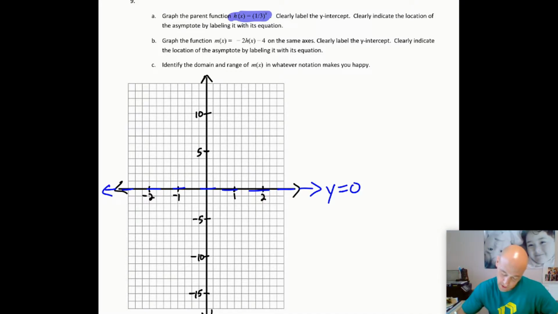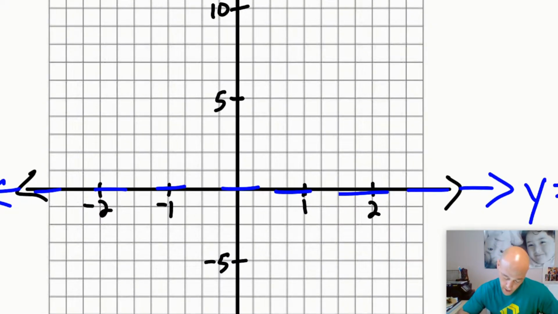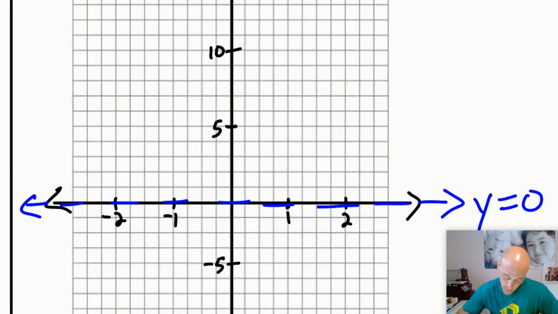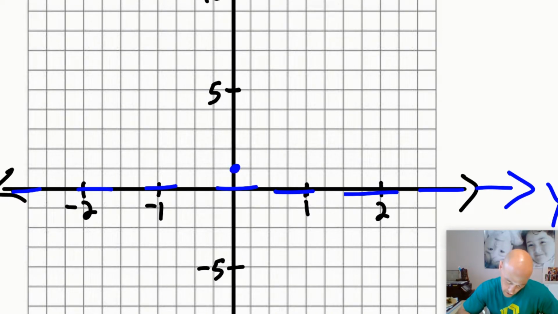That's my y equals 0. And my a value is 1. So right there is 1. And then because my multiplier is 1/3, as I move to the right 1 unit, I multiply my 1 by 1/3, and it gets down there really close to the x-axis super fast.